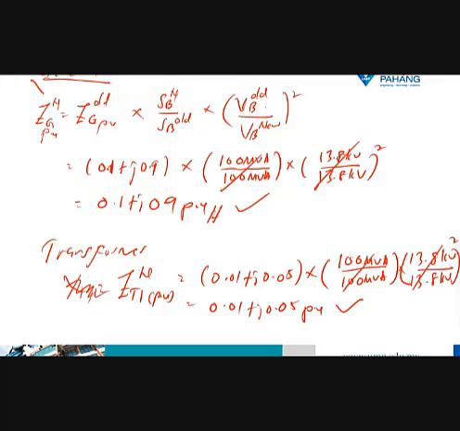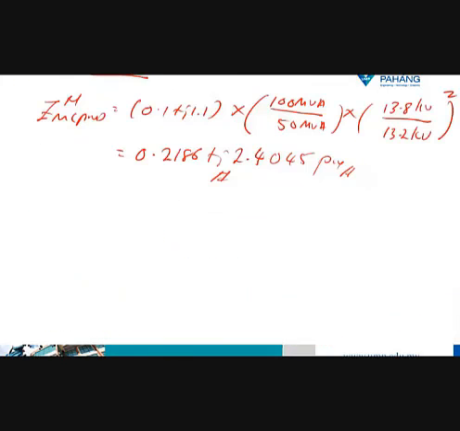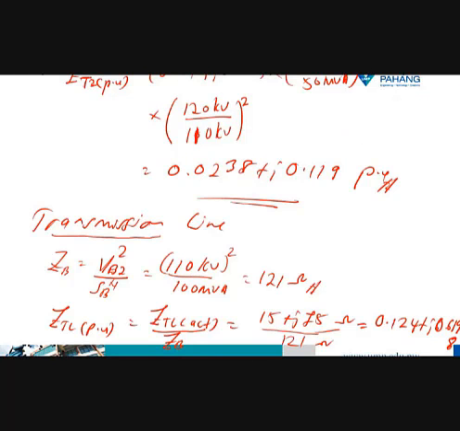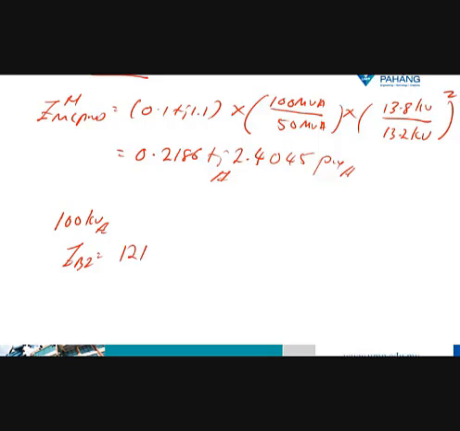That is why I say that maybe in per unit it is not wrong and not far different, but when you convert to the actual value, let's say we have 100 kV and Z base 2 is 121 ohms. So this is per unit.